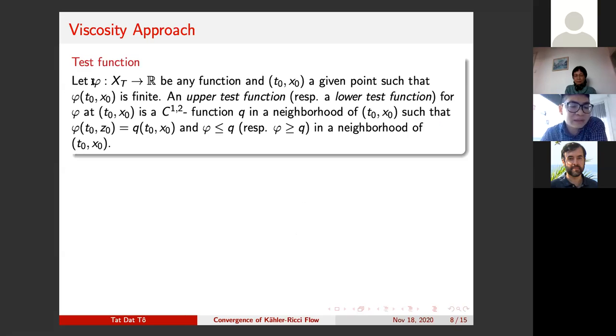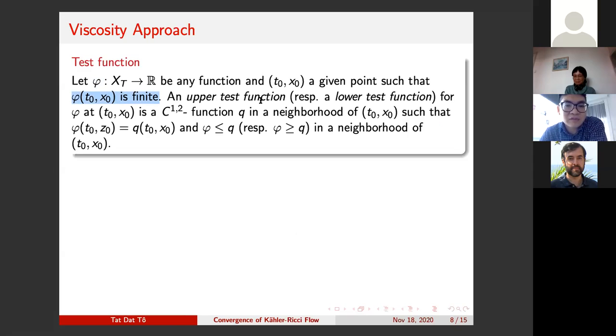So now phi is any function from X_t to R such that at this point (t0, x0) in X_t, the value of phi_t is finite, because phi_t may take the value minus infinity, but here we require that the value at this point is finite.